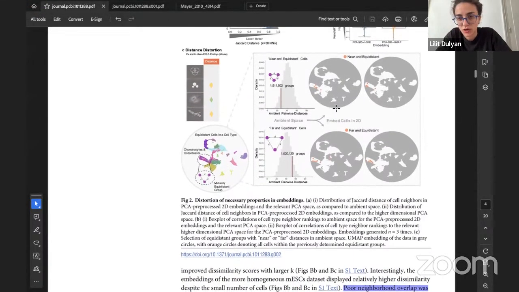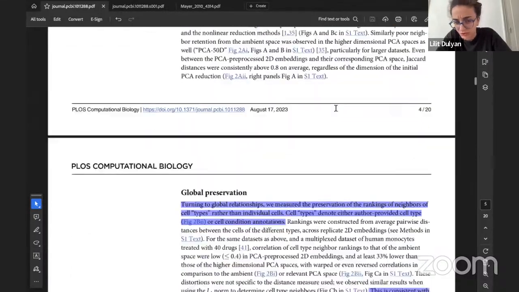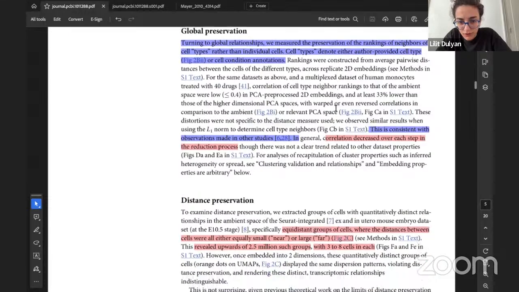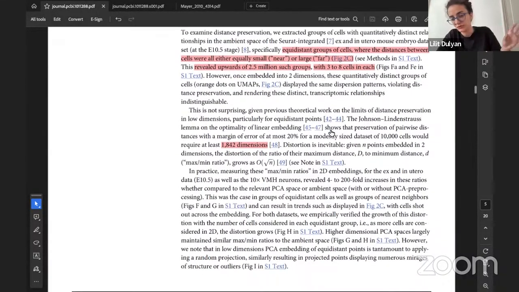And they said this is not surprising because there is some lemma, some mathematical lemma, that says that we need at least 1,800 dimensions with a 10,000 cell dataset to have only 20% error. So this is much more than 2 dimensions. So it is really not surprising that we would have a problem with absolute distances.